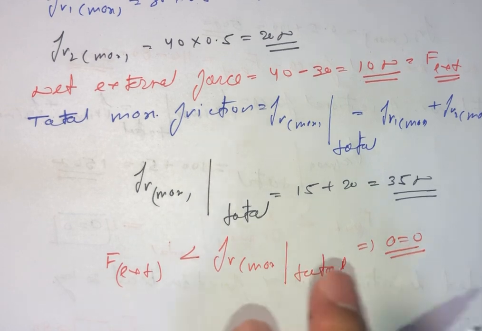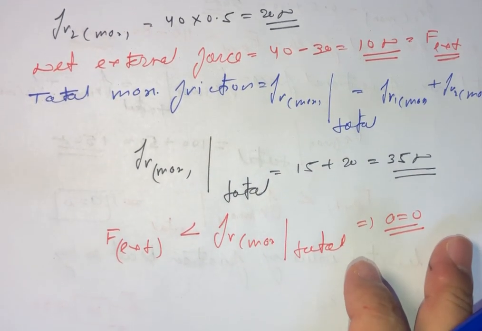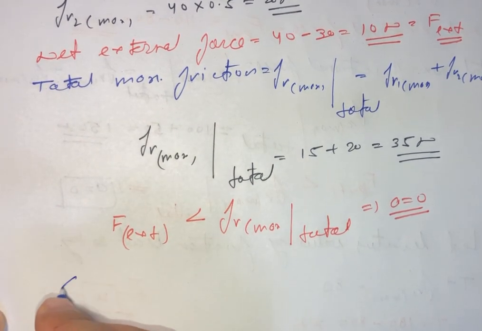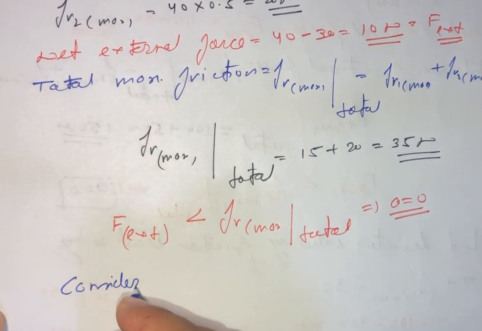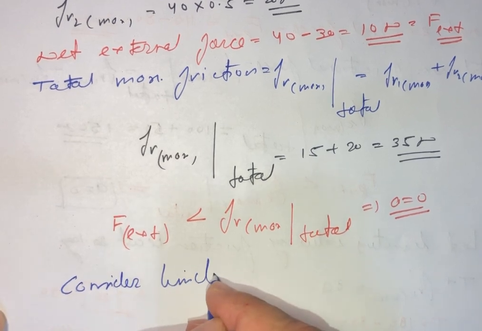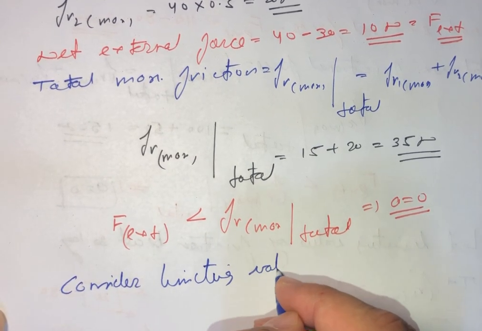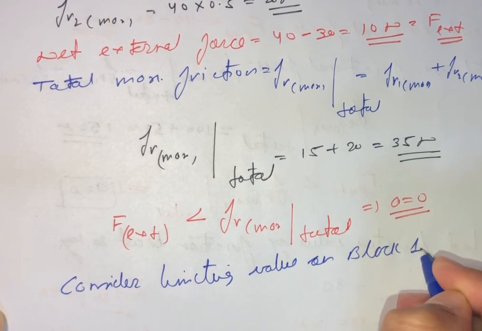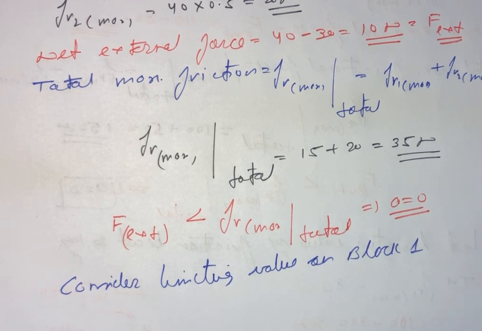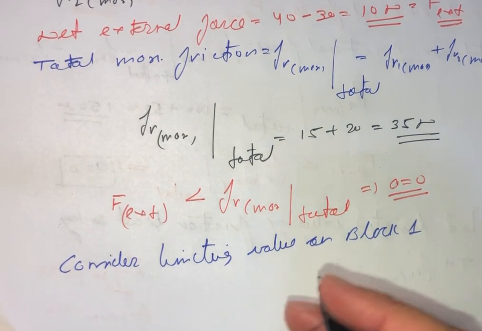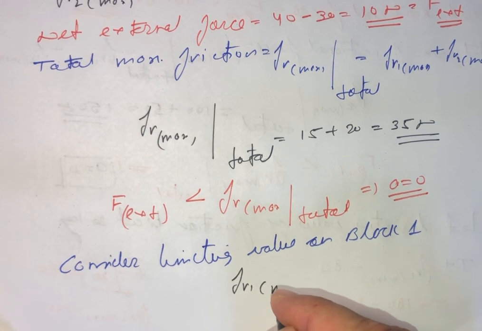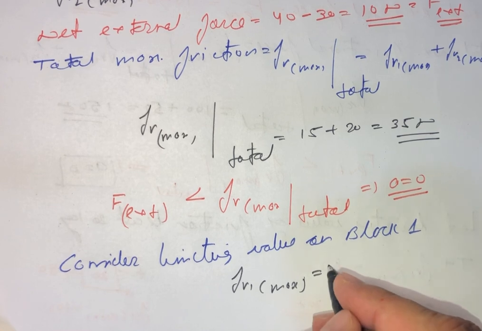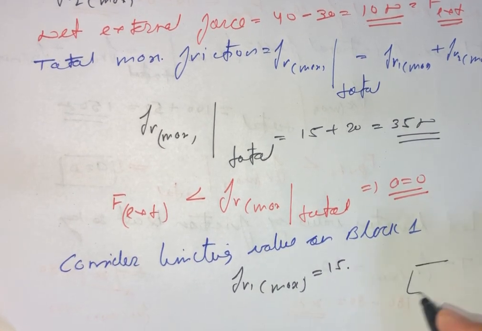Now, let us consider the limiting value on block number 1. So we get FR1 max is equal to 15 Newton. So we draw the block diagram.